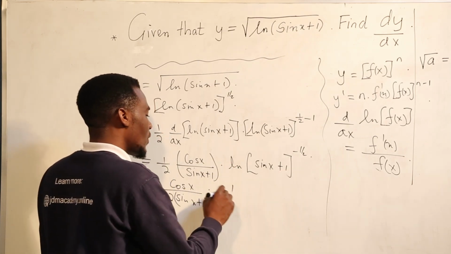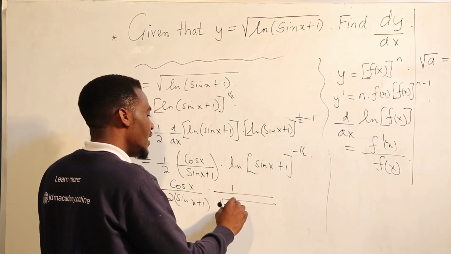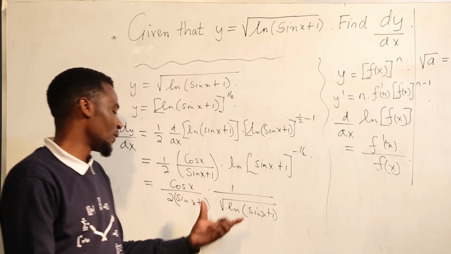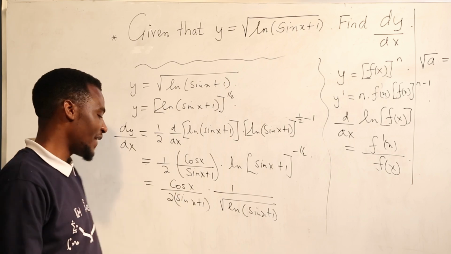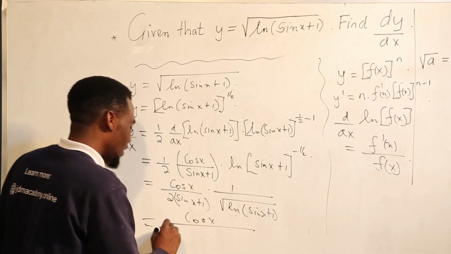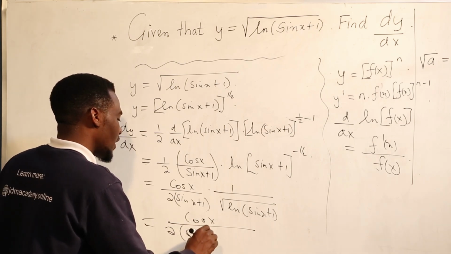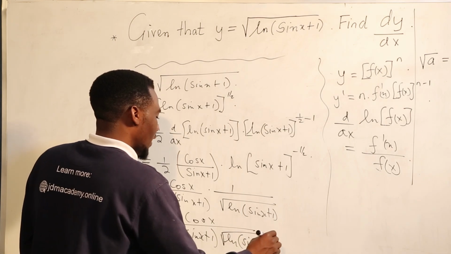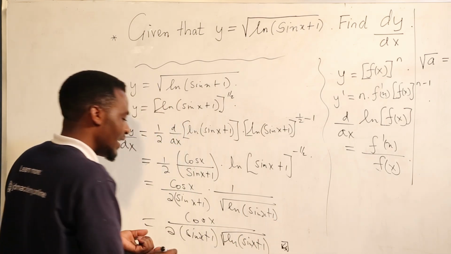What is this result? This is 1 over the square root of ln of sine x plus 1. So this is our solution. We can simplify this further and write it in a better format, which gives us cosine of x divided by 2 times sine x plus 1 times the square root of ln of sine x plus 1. This is our final solution.